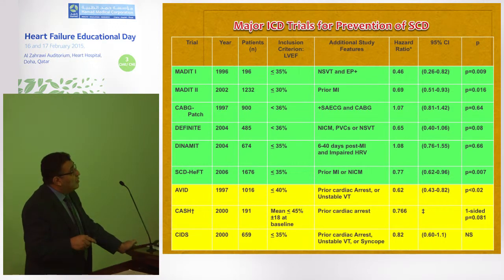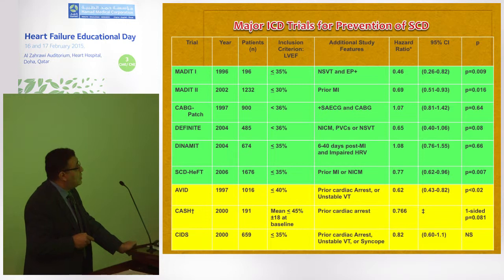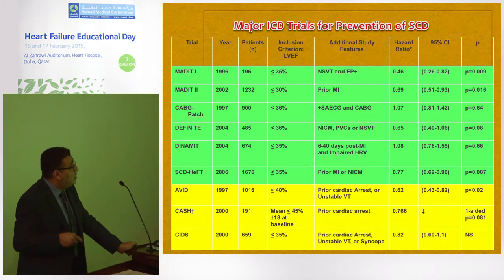So there has been a large body of evidence and multiple major trials for the prevention of sudden cardiac death. We will not go through them, but the ones in green are some of the trials that look at primary prevention, and the ones in yellow, secondary prevention.